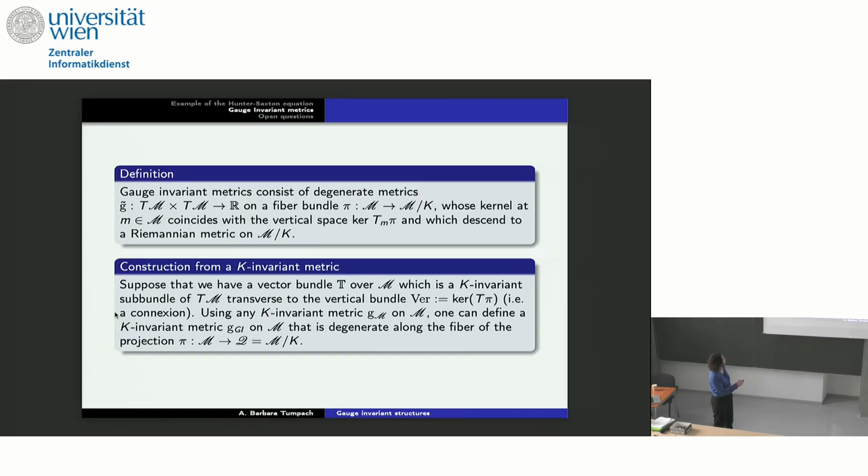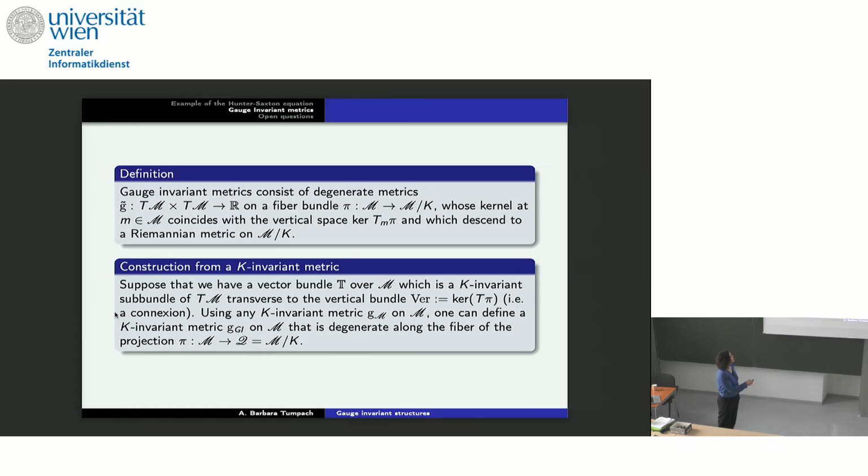This pairing is degenerate in the direction of the projection, so in the tangent space to the fiber of a projection. So pi here is a fiber bundle of this total space M over the base, which is the total space mod out by a group K. So we have this fiber bundle picture.